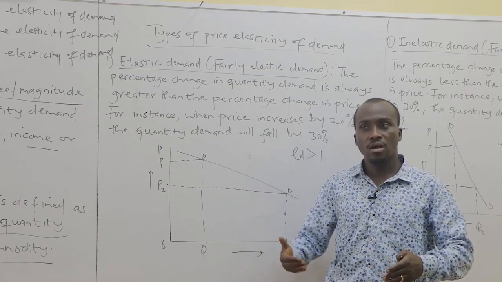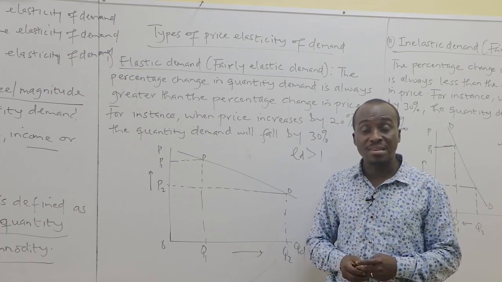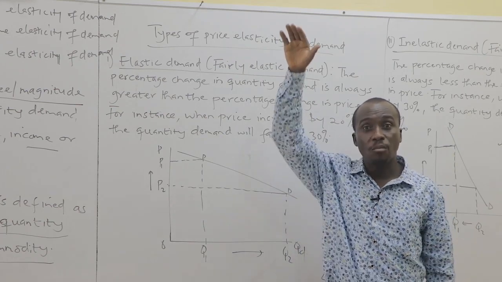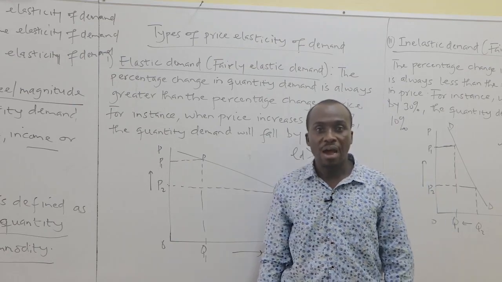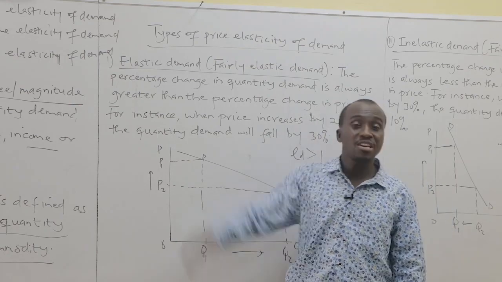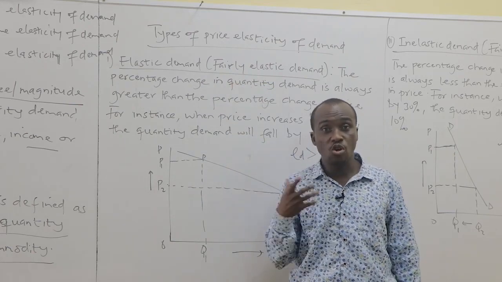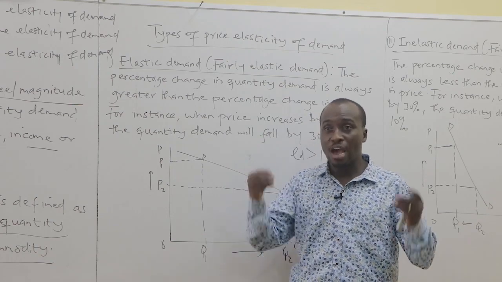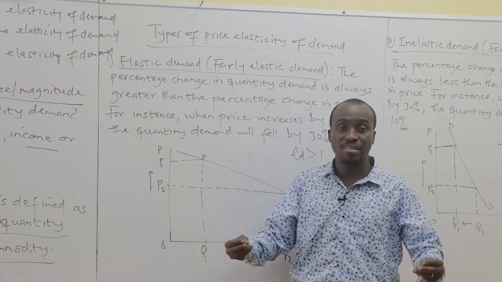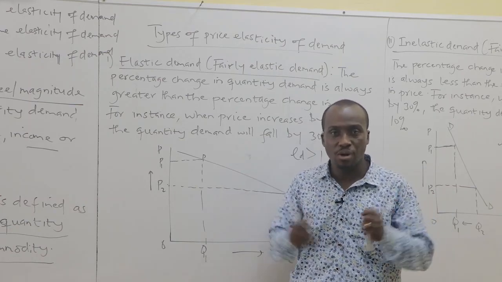For instance, you are buying wheat, and the price of wheat has gone up by 10%. Then you reduce the amount you are buying by 30%. Or the price has reduced by 5%, then you increase the amount you are buying by 40%. That means your demand for wheat is elastic. So when we say a commodity you buy has elastic demand, it means the commodity is very sensitive to changes in price.